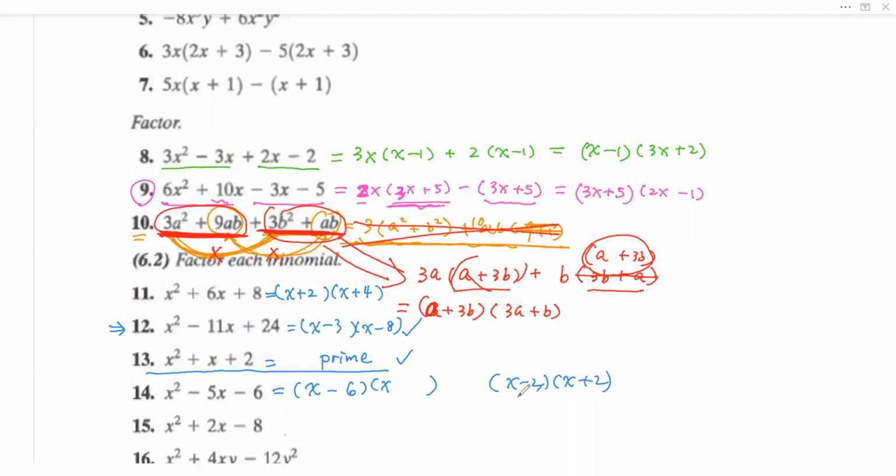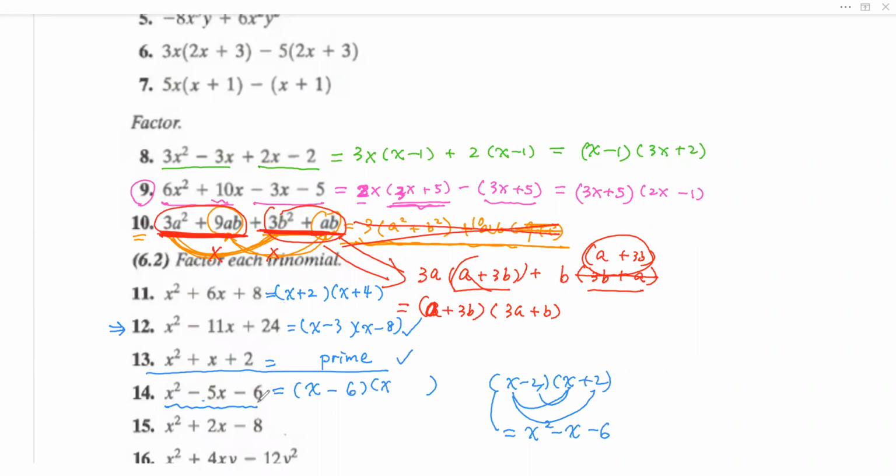So let's double check this one. X squared, right? Positive 2x, -3x. So it became -1x. So the answer here is x squared minus x minus 6. Yeah, it's different from here, right?